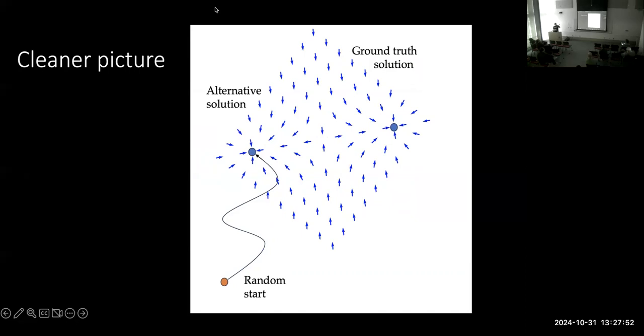However, the ground truth solution that I achieve with L1 also exists in my loss. So technically, if I have a warmed up neural network, I can actually just fall into that specific ground truth solution with no problem.